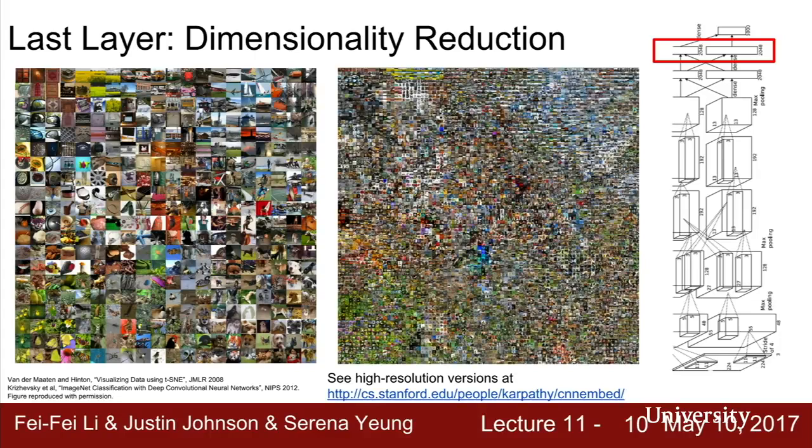Now we apply t-SNE to compress that 4096 dimensional feature space down into a 2-dimensional feature space. And now we lay out a grid in that compressed 2-dimensional feature space and visualize what types of images appear at each location in the grid.